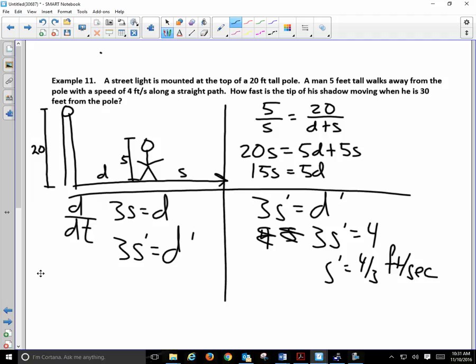Unfortunately, this is not the final answer. That's just the rate at which his shadow is moving away from him. Have you ever been to the airport? Been to one of those walking escalators?